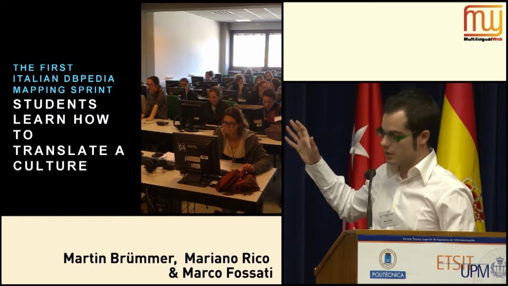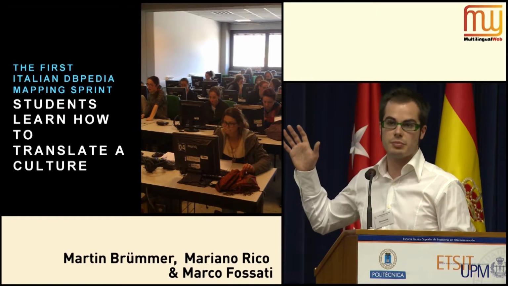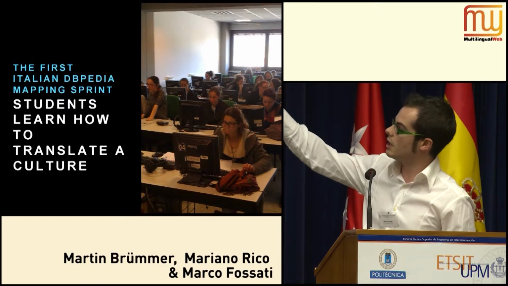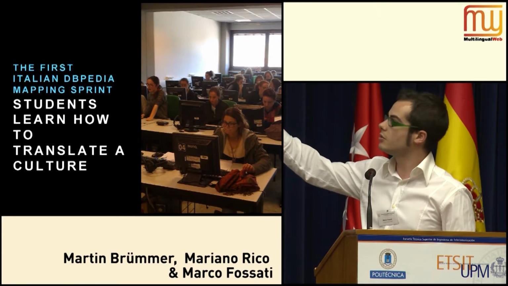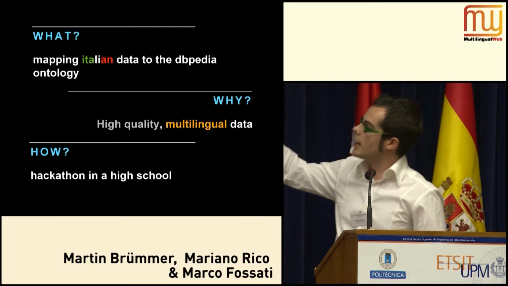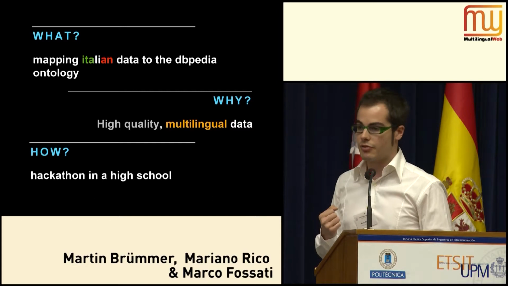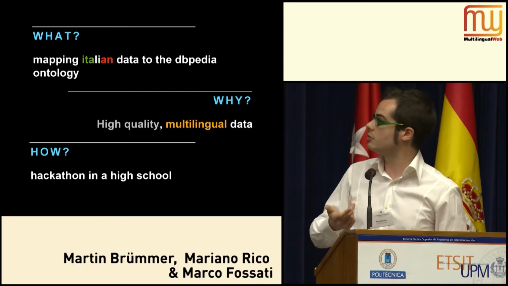This is an event that has just successfully ended, namely the first Italian DBpedia mapping sprint. So you may wonder why I put students learn how to translate the culture. Well, because they were asked to map the Italian data coming from the Wikipedia templates into the DBpedia ontology.